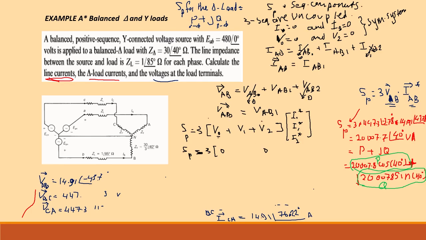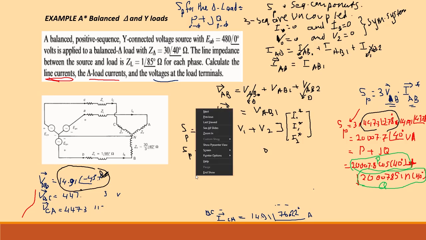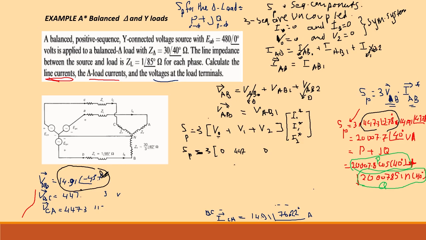V1 is VAB, which is 447.3 with an angle of minus 3.78, and V2, as we said, is equal to 0.